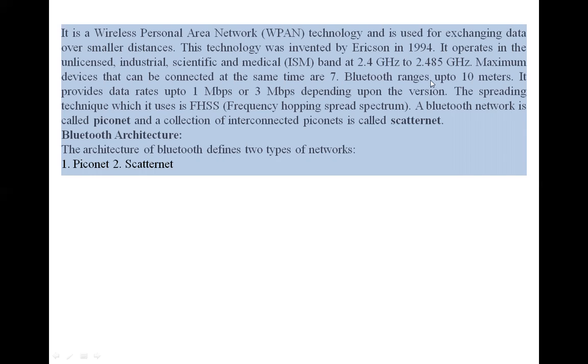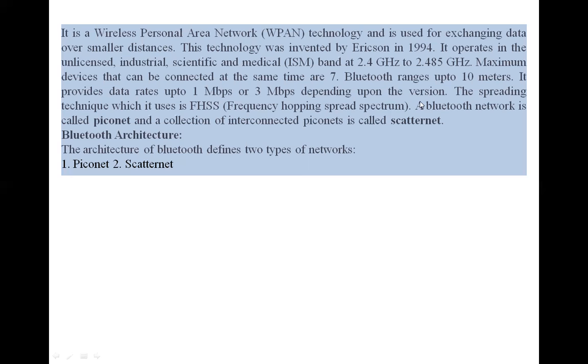It has a range of up to 10 meters. It provides data rates of 1 Mbps to 3 Mbps, depending upon the version. The spreading technique it uses is frequency hopping spread spectrum.